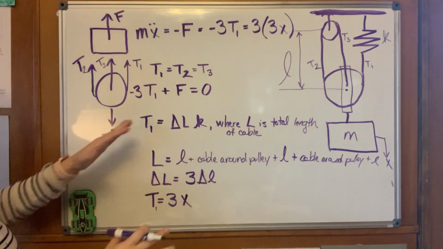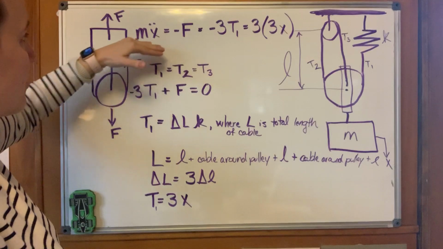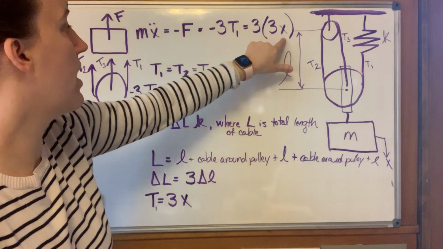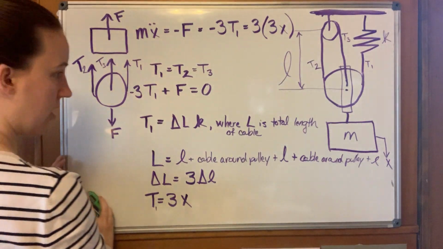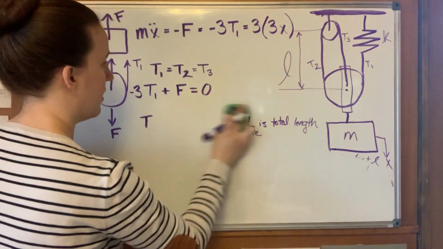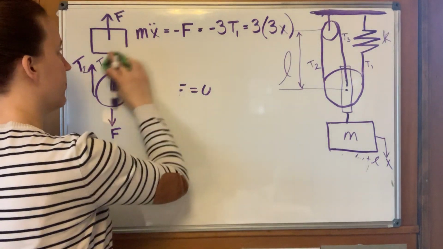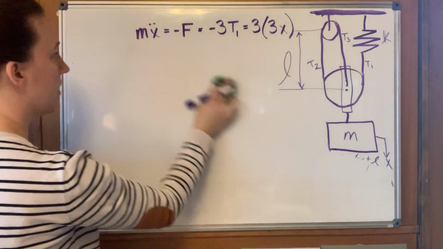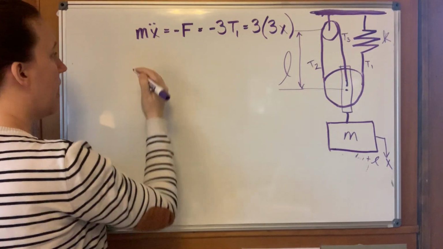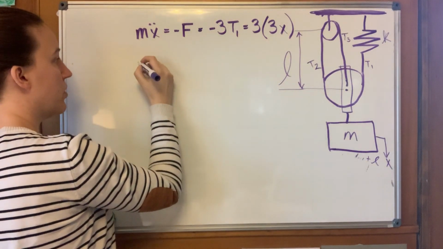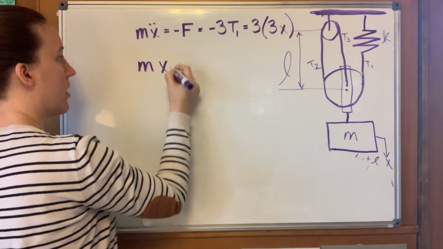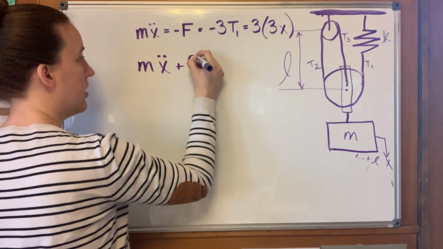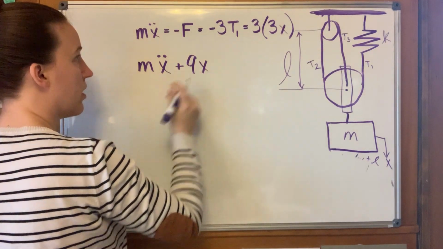All right, so now here at last, if we look at setting m x double dot equals 3 times 3kx, and then we just rewrite that, we can write that this system has an equation of motion in this form. m x double dot plus 9... oh, I forgot the k.